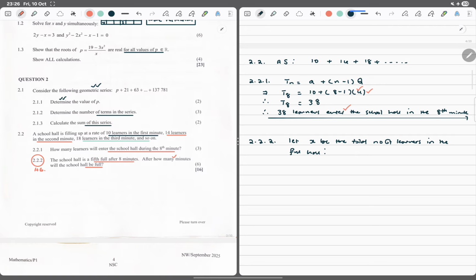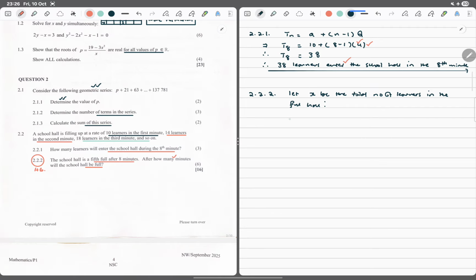Such that we were told now that after the 8th minute, it was a fifth full, such that 1 over 5 x is going to be the sum of the first 8 terms. This is what this means.